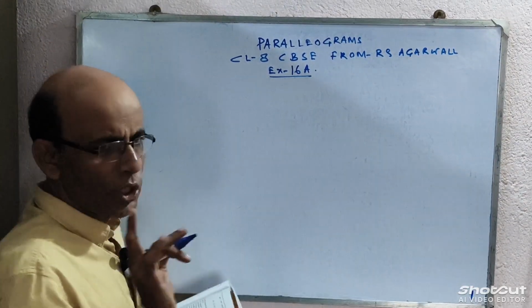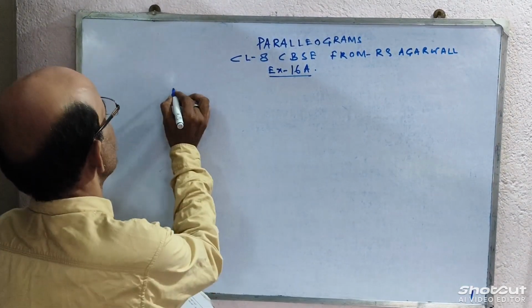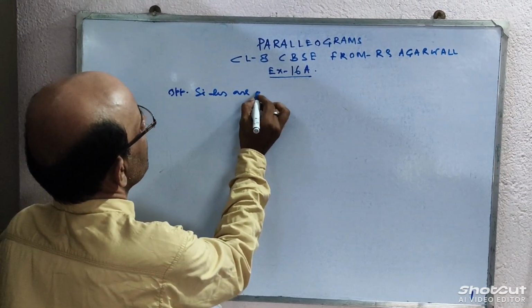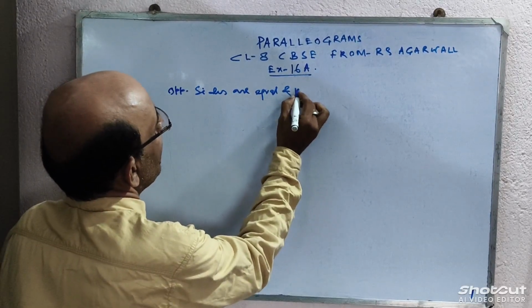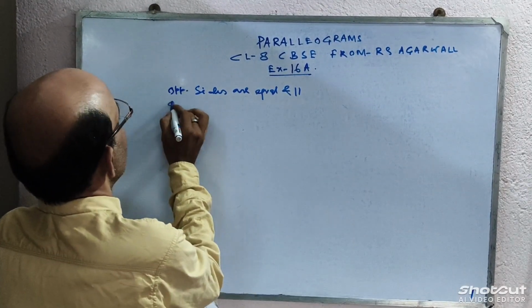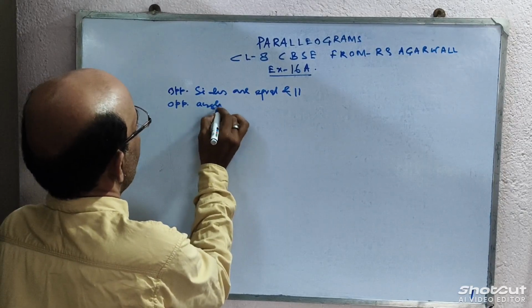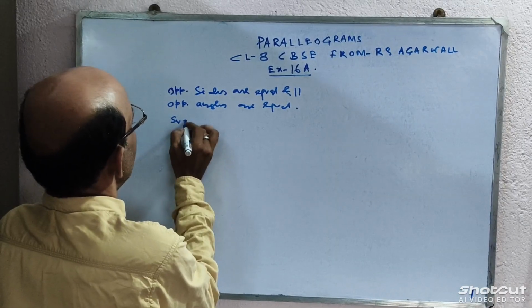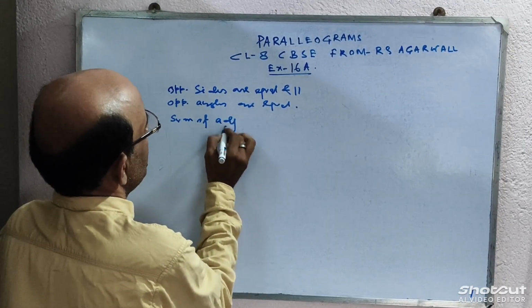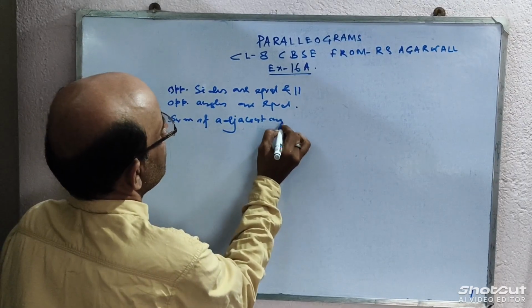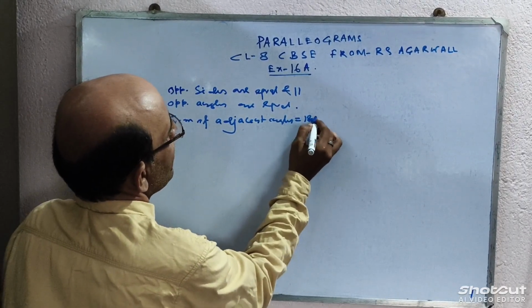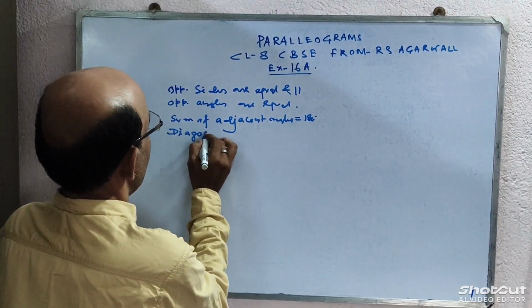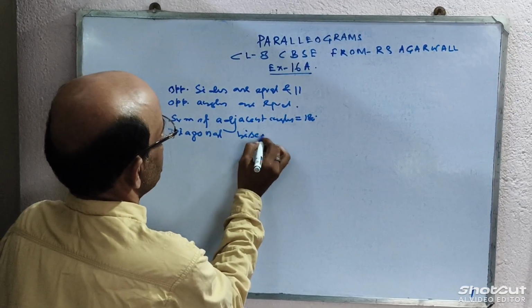A parallelogram is a special type of quadrilateral in which opposite sides are equal and parallel, opposite angles are equal, the sum of adjacent angles is equal to 180, and diagonals bisect each other.